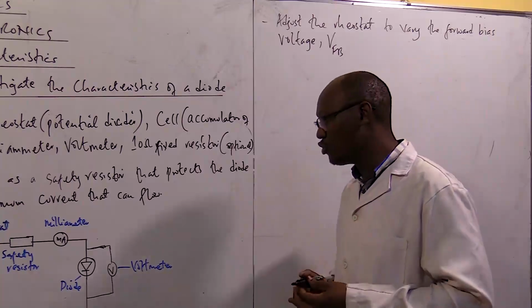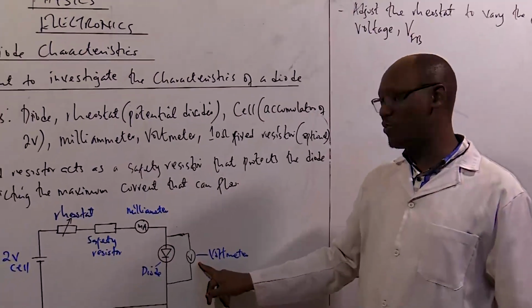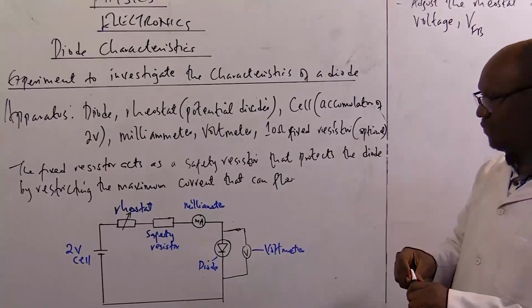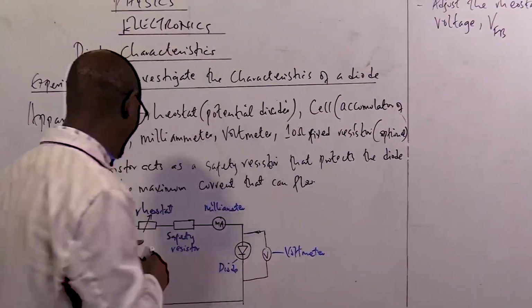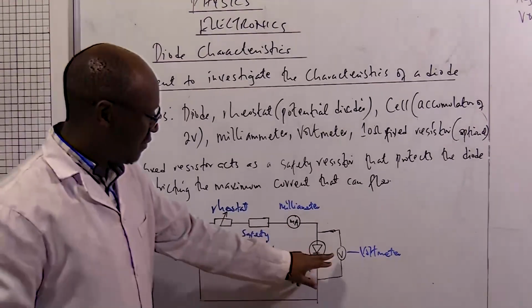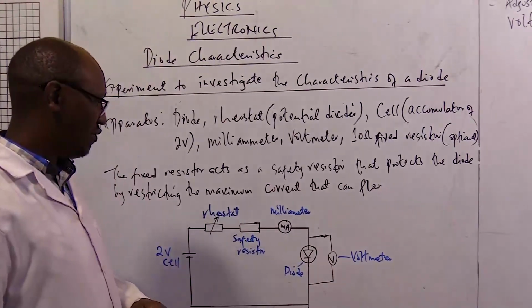And you can see that from your voltmeter as you adjust the rheostat, which is our variable resistor. So you can check the values of the current and the variation of the voltage.